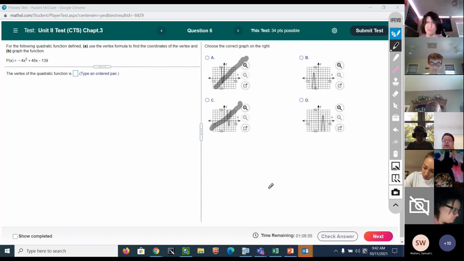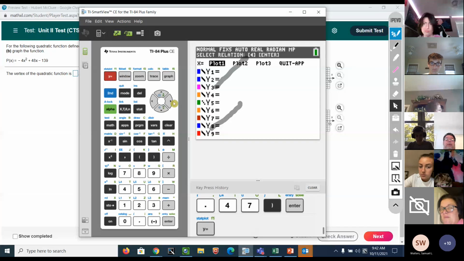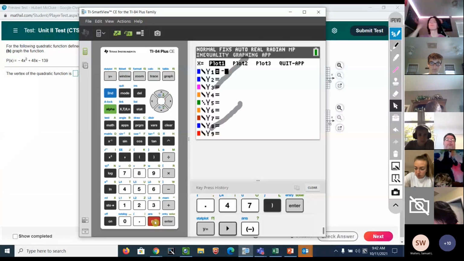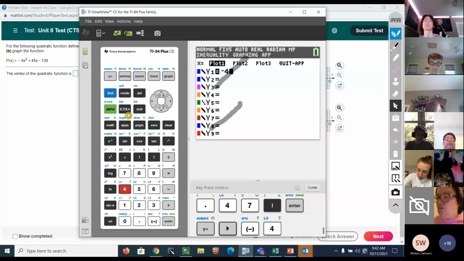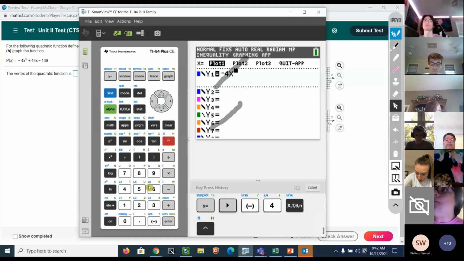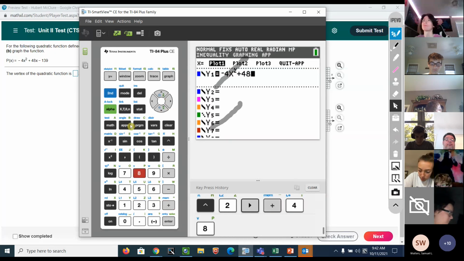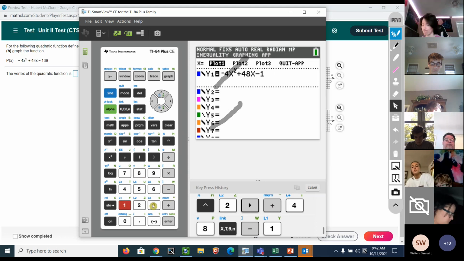So take your handy dandy calculator and hit y equals. And you're going to type in negative, use the negative right down here, 4x squared plus 48x minus 139.